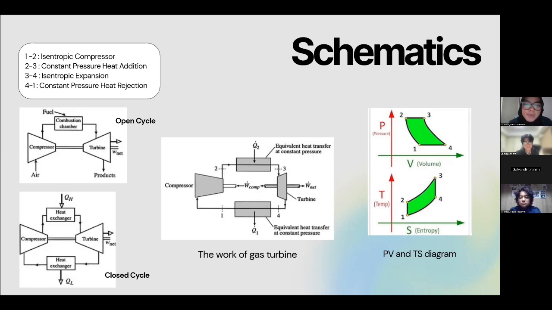You can see from the PV and TS diagrams that the compressor and the turbine both go through isentropic processes, and through the heat exchanger the pressure stays the same from inlet to outlet.